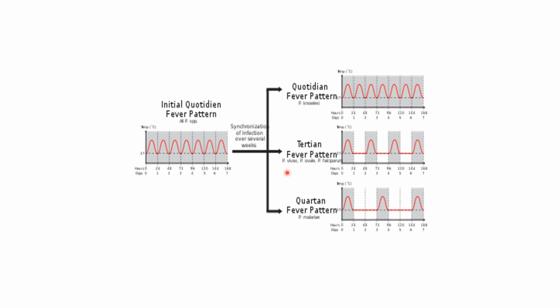In tertian fever type, which is mostly seen in Plasmodium vivax and Plasmodium ovale, the fever spike occurs every alternate day. And in quartan fever pattern, which is seen in Plasmodium malariae, the fever occurs every third day.